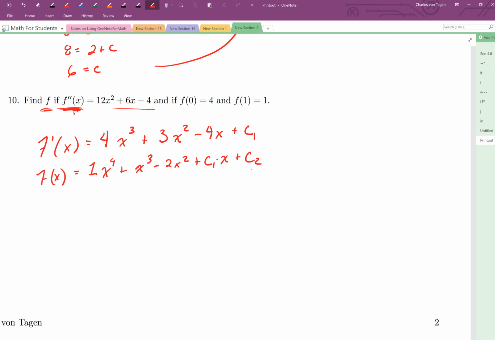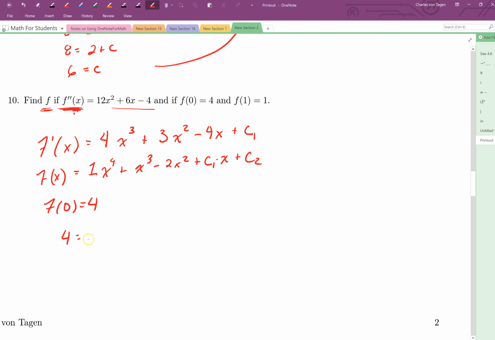Okay, so now we need to figure out what these two constants are, because this represents a family of functions, but we need to actually specify what these constants are to figure out which of this family passes through these 2 points. Well, let's use the first bit of information. We know that f of 0 has to equal 4.